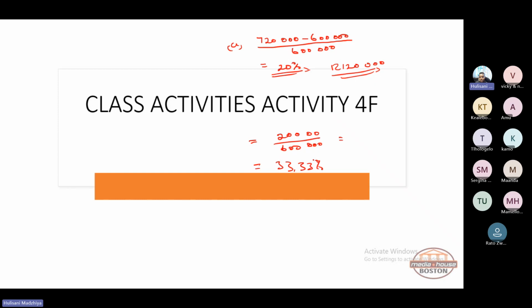So let's see how many of you managed to get this one right. Rato got it right, and Manda got it right, and Mamelo did a correction, and then she managed to get it right after the correction. And then the last one, or number C, not the last one, second last.